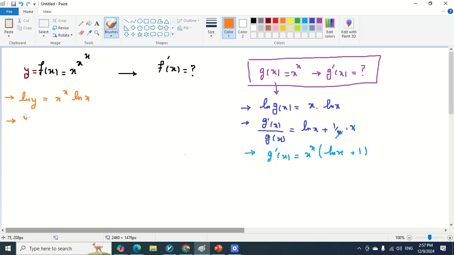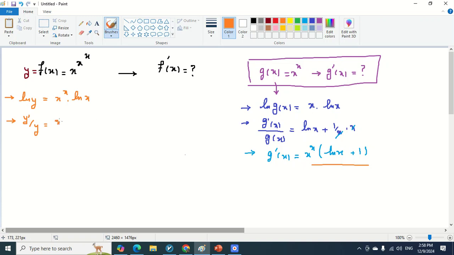Right now we have y prime over y at the left side of this expression, and at the right side we have the multiplication of two expressions. The derivative of x to the power of x is needed over here, so we calculate the derivative over here, and we just substitute it.